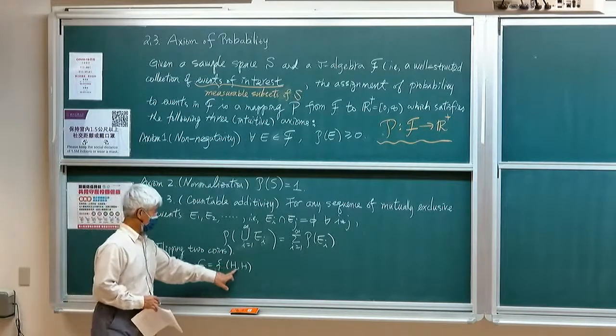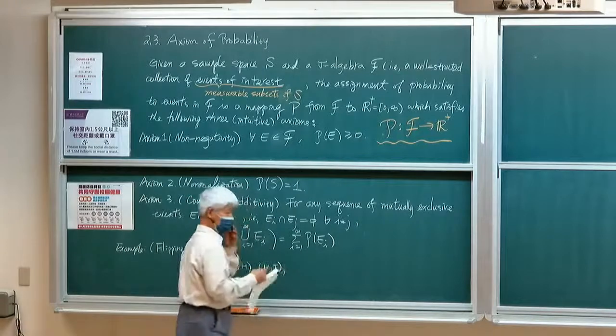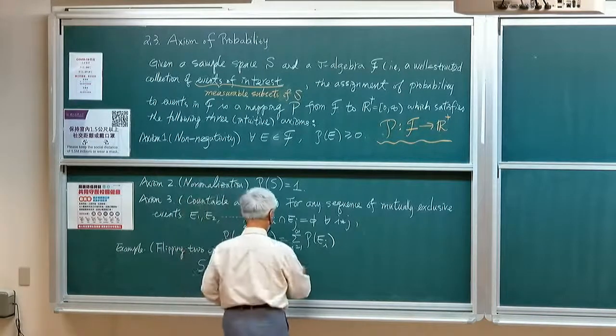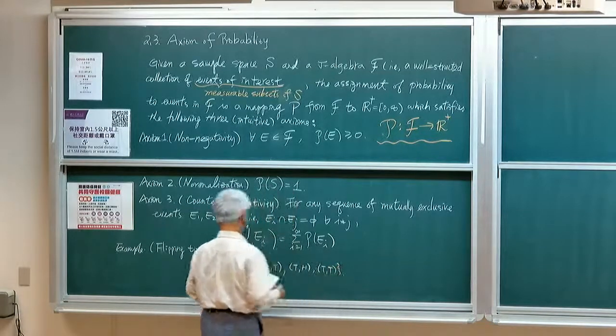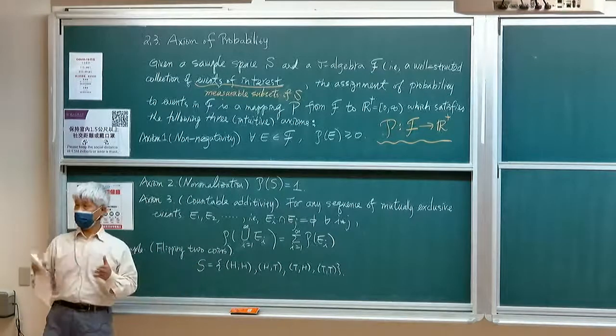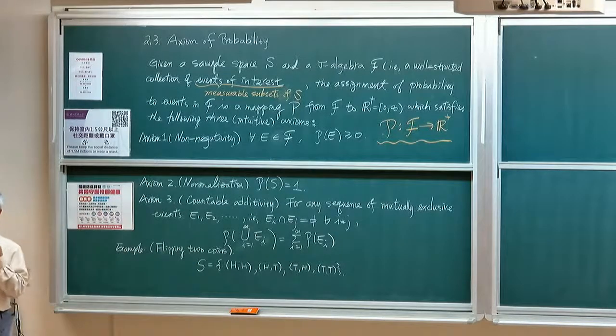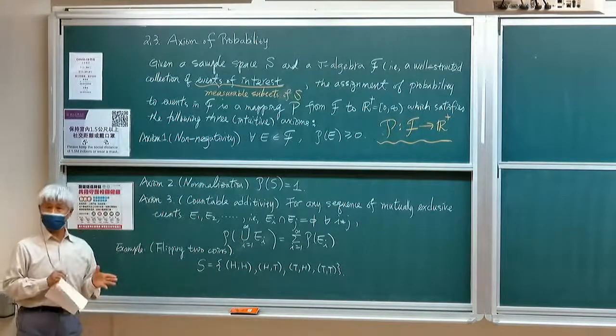So head or head, head or tail, tail or head, tail or tail. So there are only 4 possible outcomes. So the sample space has a size 4. It's a very simple sample space, and it's a discrete type problem.